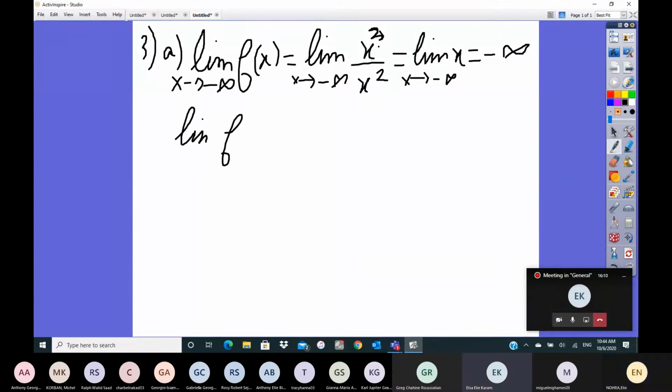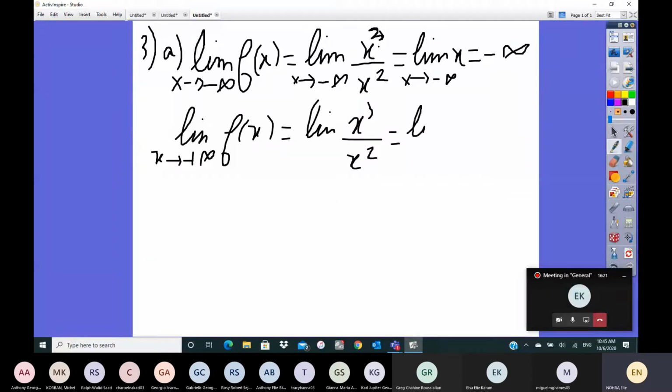Limit of f of x as x tends to plus infinity is also the limit of x cubed over x squared, which is the limit of x, which is plus infinity.